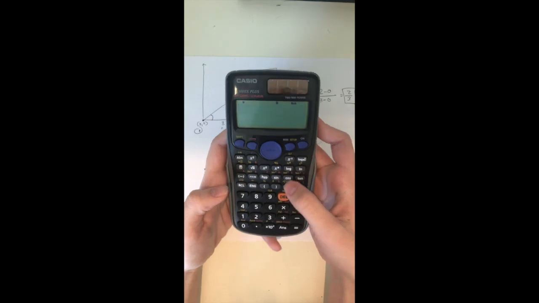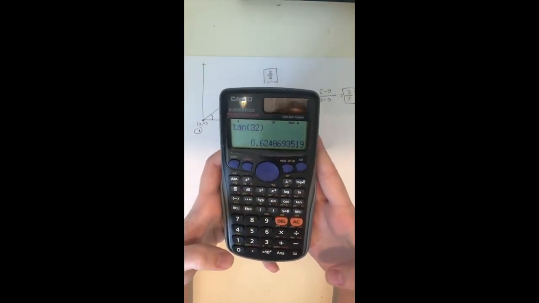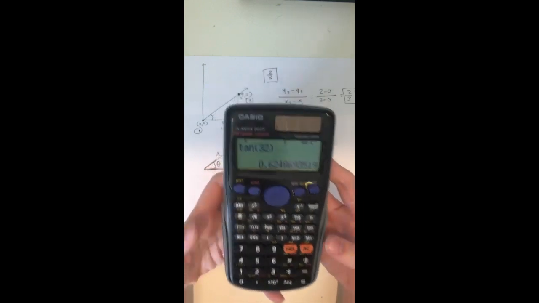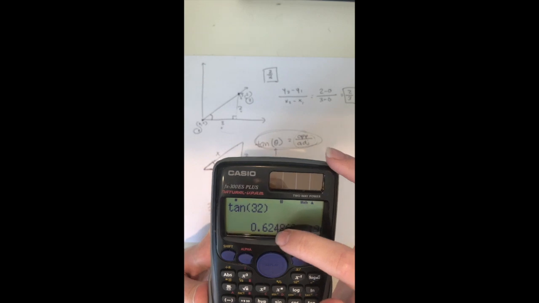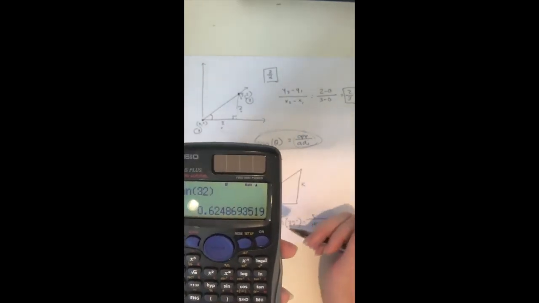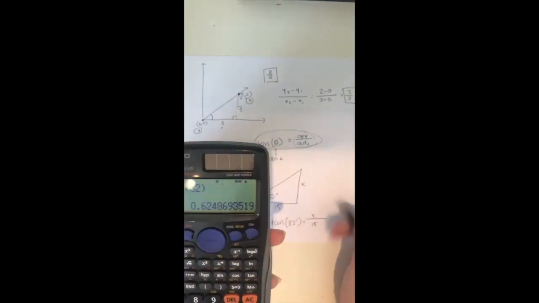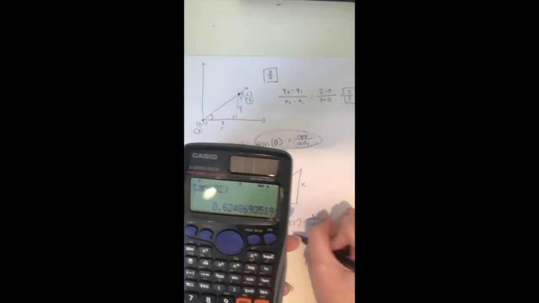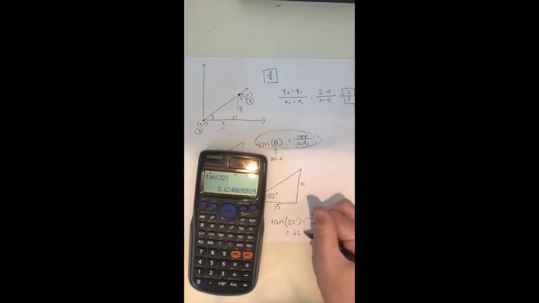So now we can do tangent of 32 equals 0.62. That would be what the correct measurement is, because you're measuring this in degrees, so your mode has to be in degrees. That would mean that 0.625, I'll just do 3 decimal places, equals x over 15.